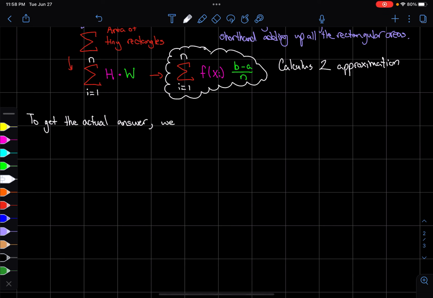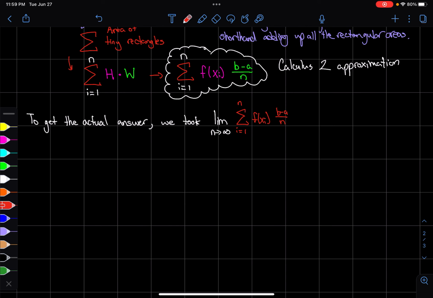We introduced a limit. We took the limit as n approaches infinity of our little Riemann sum calculation. We said, well, what if we don't just have a few rectangles? What if we don't have 4 or 10 or 15 or something like that? What if we had an infinite number of rectangles? What if we increase the number of rectangles?